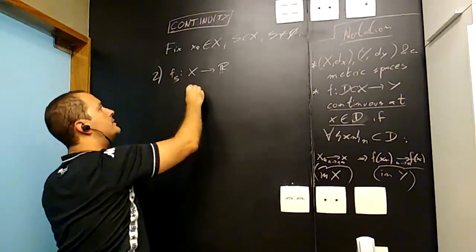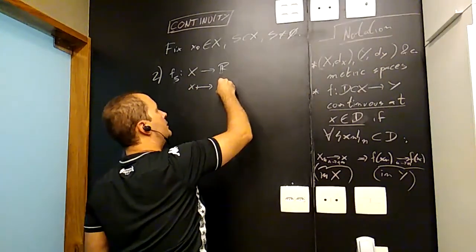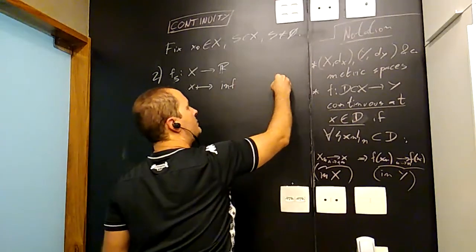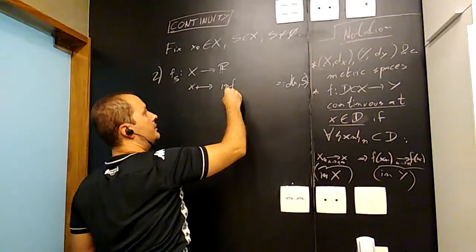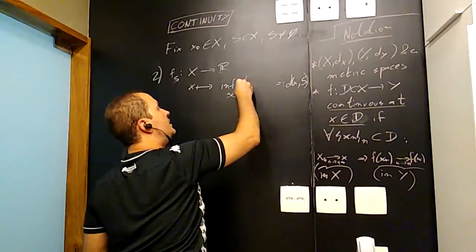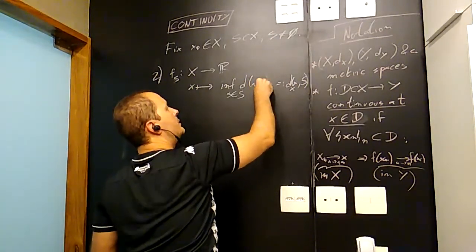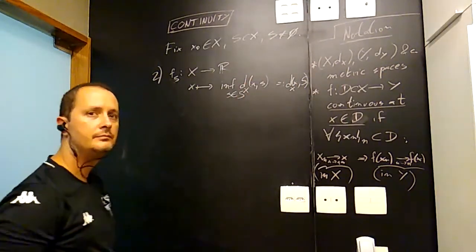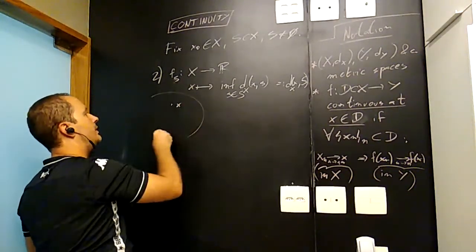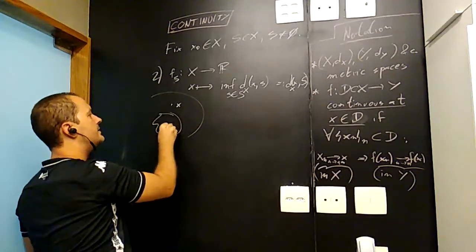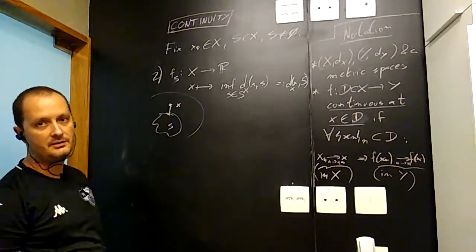Let me call it f sub S. It takes a point x, and I'm looking at what people sometimes call the distance from x to the set S. That by definition is the infimum of distances from the point x to elements of the set S. So if you want to think about it geometrically, I have a point x, I have a set S, and this is like computing what this smallest distance to S is, right?